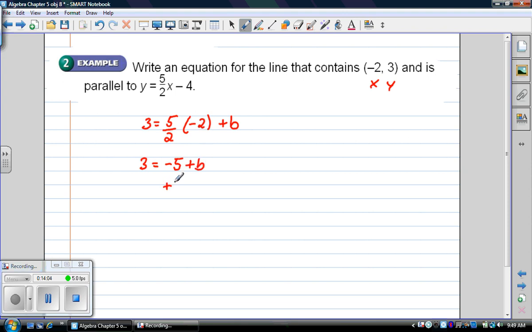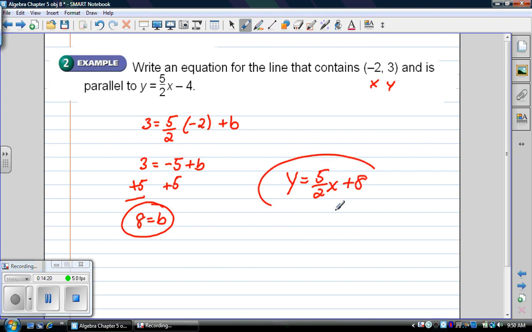We add 5 to both sides of the equation and I wind up with 8 for my b. My equation: y equals 5/2 times x plus 8.